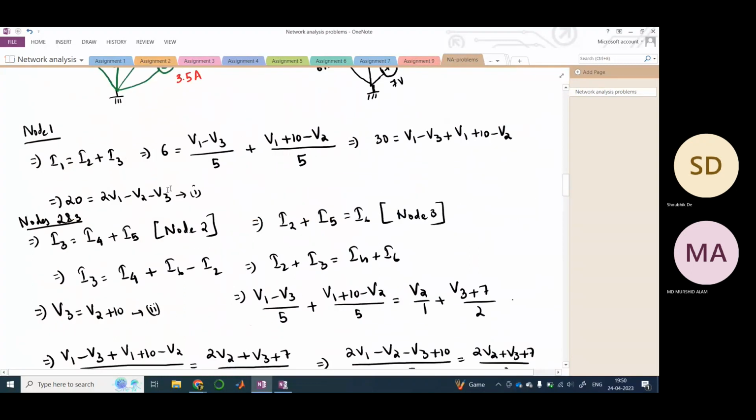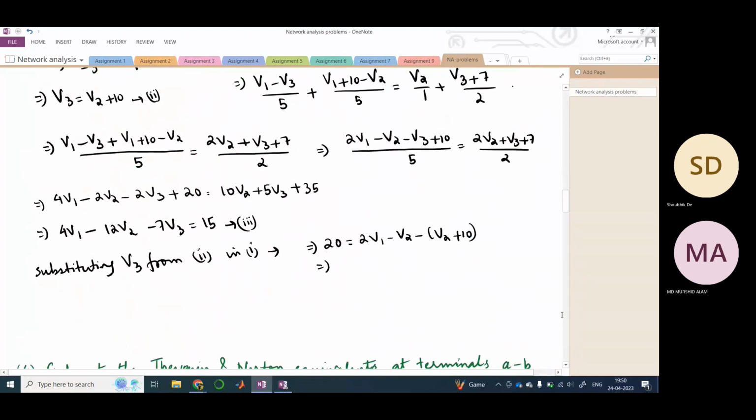Because V3 is V2 plus 10, right? Sorry for that. So if we do that, this would be 30 equals to 2V1 minus 2V2. This would be V1 minus V2 equals to 50, right? And let us mark this as equation number 4.